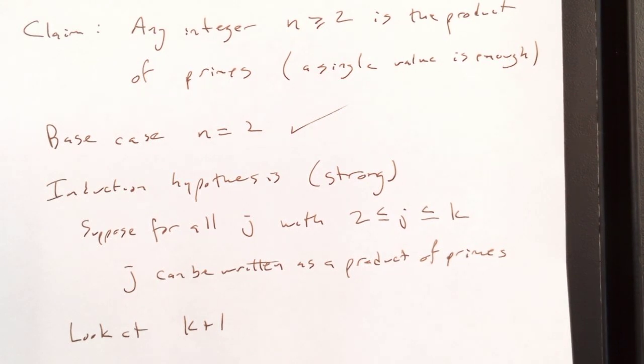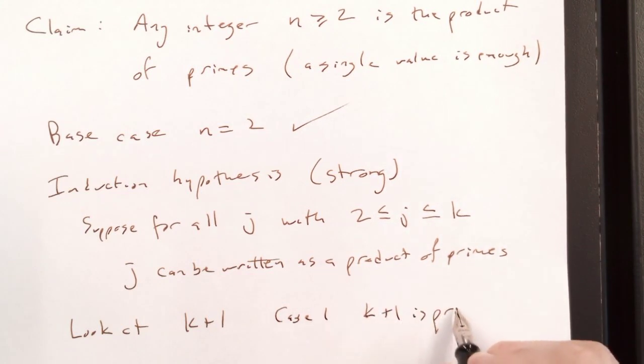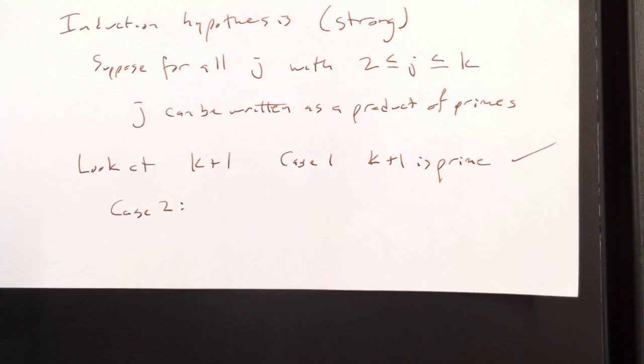I have a case. Case 1. k plus 1 is prime. I'm done. What's case 2? It's not prime.